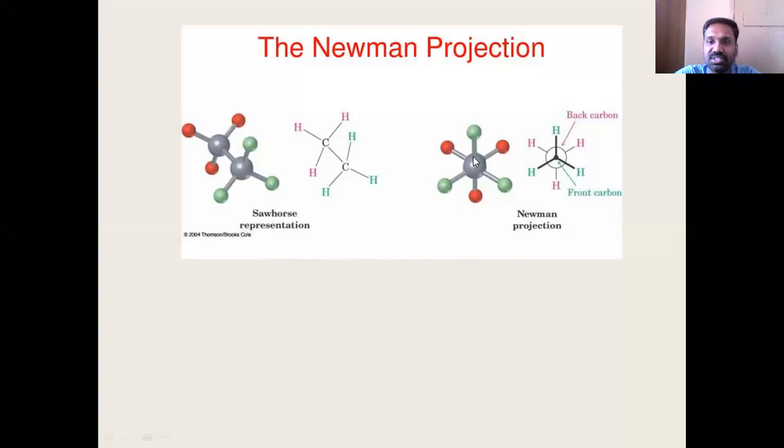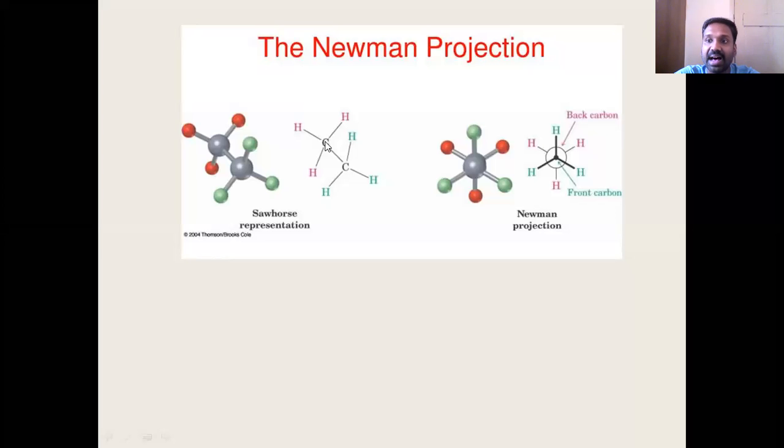Now, where are the hydrogens? You can see the hydrogens in green color here, green hydrogens towards you. And what are these pink hydrogens? Away from you. So to demarcate this structure, we will use terms like front carbon and rear carbon.